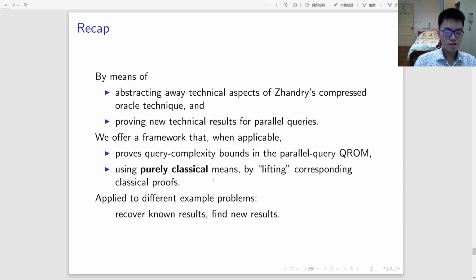For demonstration, we also apply our framework to various example problems, such that we recover known results, such as the hardness for the zero preimage problem, but also find new bounds, such as hardness for the collision finding problem, for the Q-chain problem, and also the post-quantum security of the PoSW scheme.